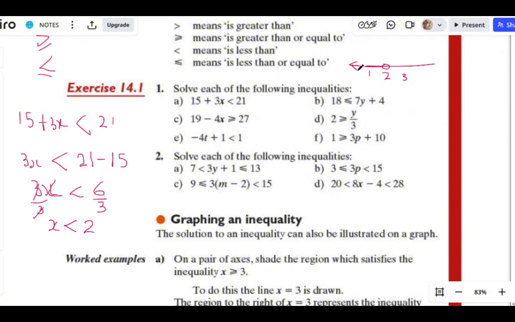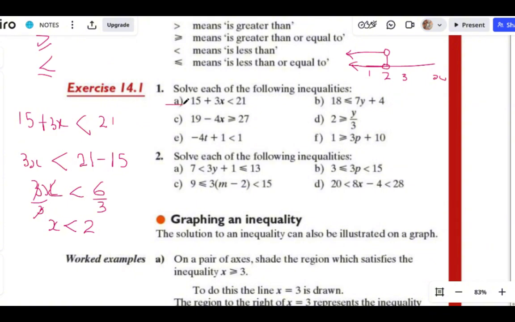Another way is to raise the line up, draw it to the top, and go this way. It's up to you: draw it directly on the horizontal line, or raise a line up.